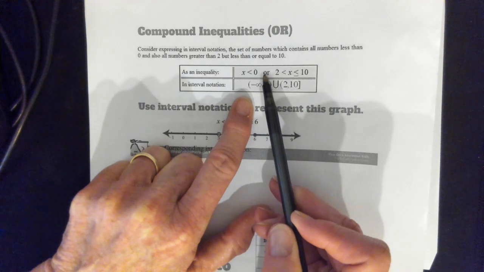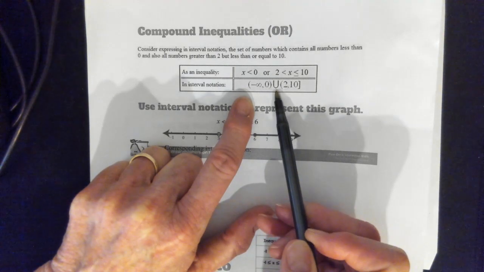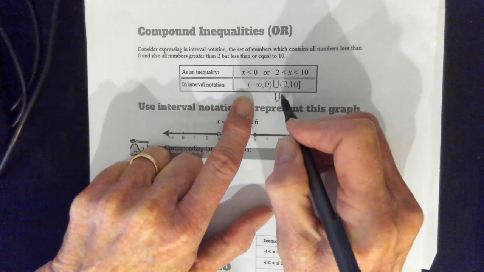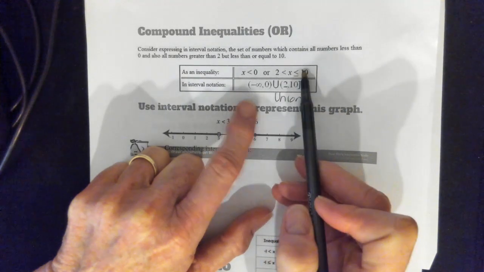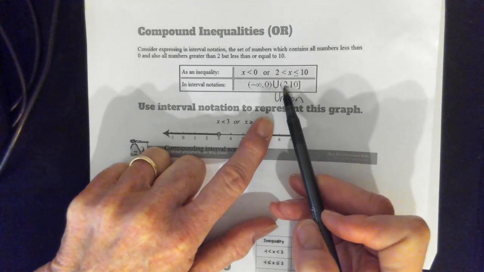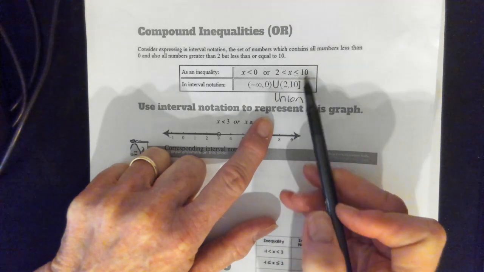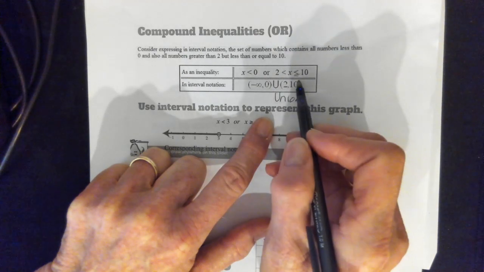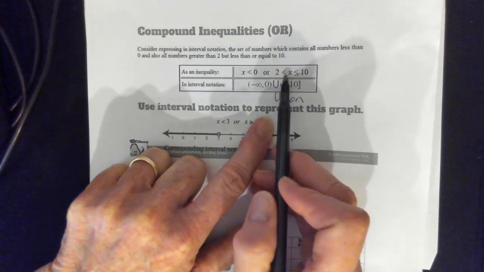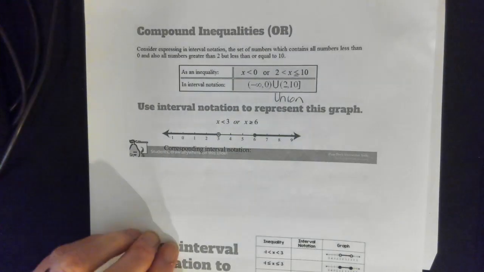When you see the word or, you're going to put a big U here. The U stands for union. Then over here we have a betweener, an and. 2 is the smallest one. Then we put a comma, 10 is the biggest. Since there's a line under the 10, we use the bracket. And there's no line here, so we use the parentheses.